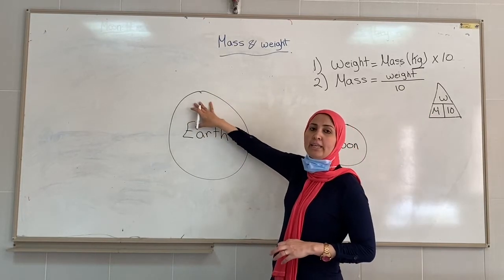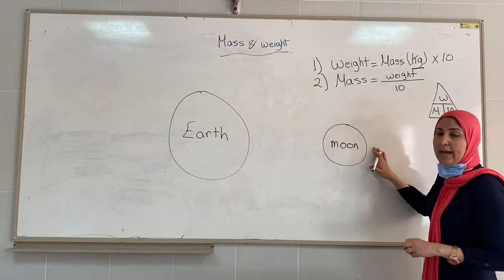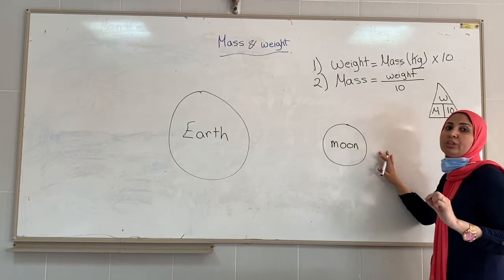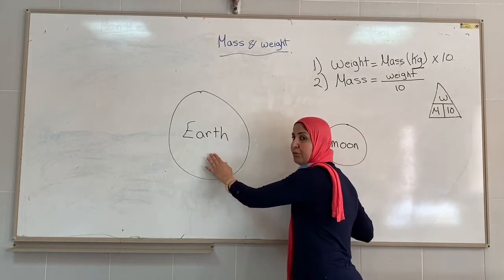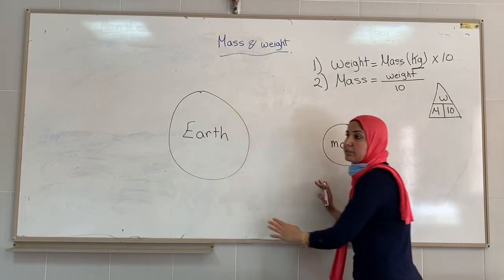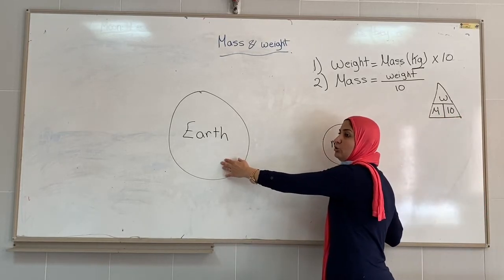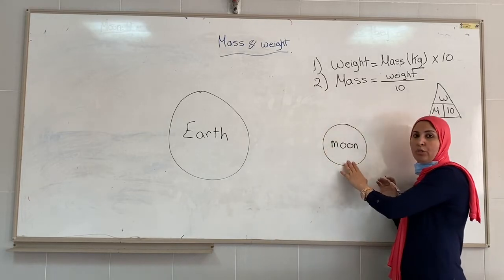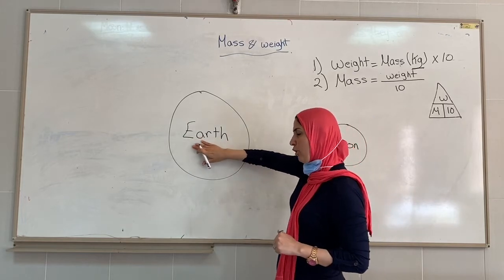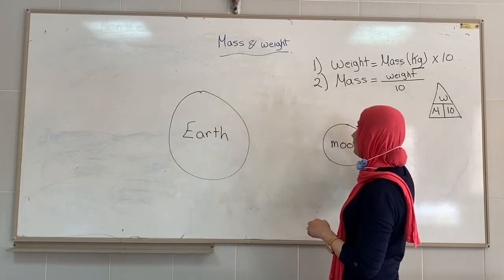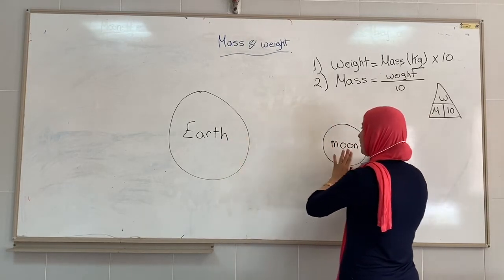So the weight of any object on the Earth's surface is going to be bigger than the weight of the same object on the moon. Why? Because the size of the Earth is bigger than the size of the moon. So again, the weight of an object on the Earth is bigger than the weight on the moon, because the Earth is bigger than the moon.